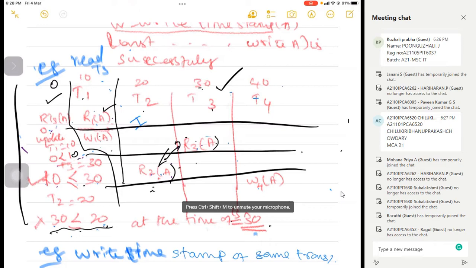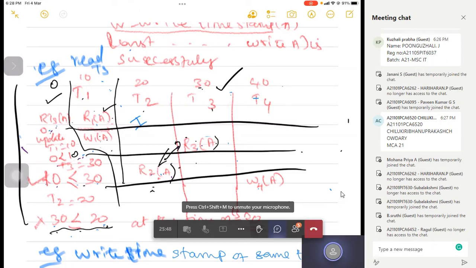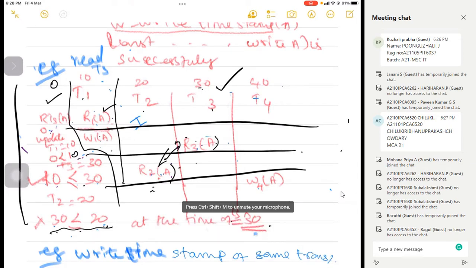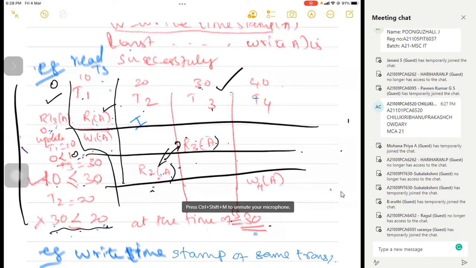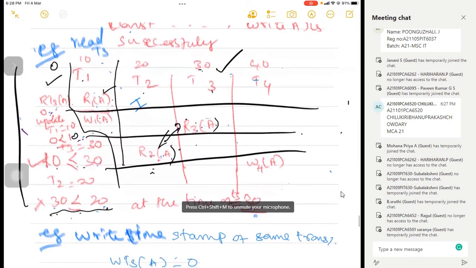And then at the time of write operation, it gets timestamp equal to 10. Now 0 is less than or equal to 10. Yes, T3 is equal to 30. 10 is less than or equal to 20.